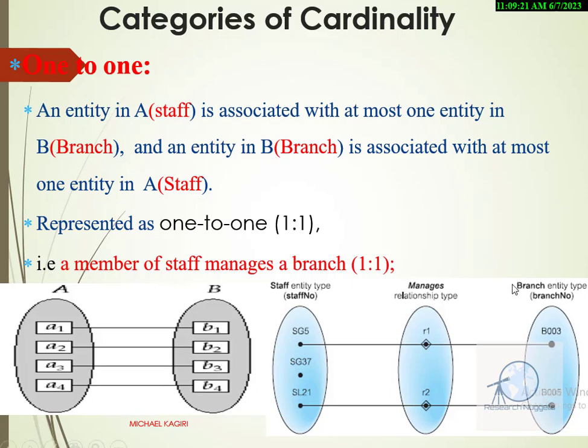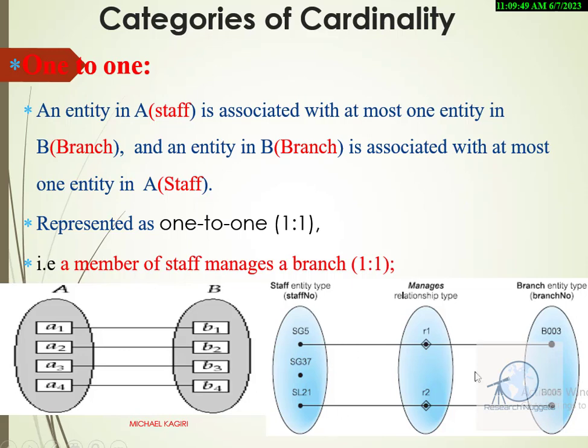So whenever we see a staff, we expect that staff can only manage a maximum of one branch, and vice versa, a branch can only be managed by a maximum of one staff. So the staff and the branch are the entities. Manage is the relationship type. And in terms of the cardinality, we are saying that it's a one-to-one.